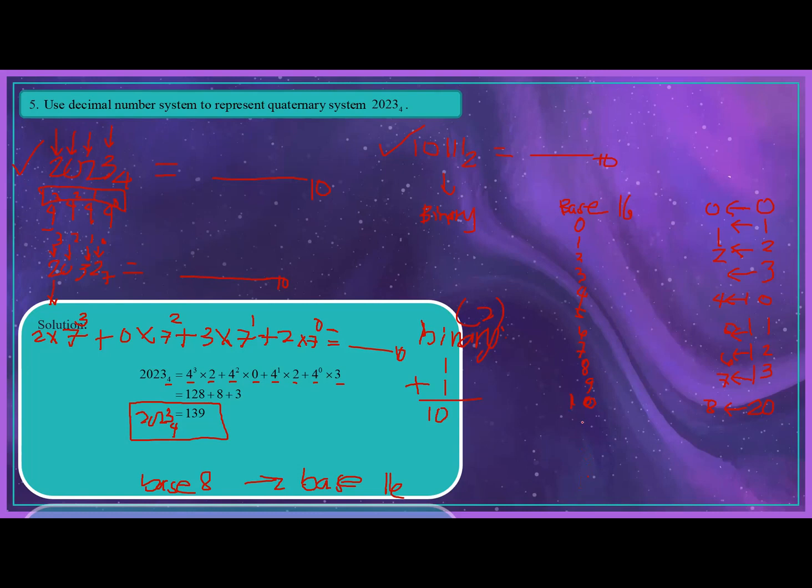Right, it's A. A, then B, then C, then D, then E. So basically, these are numbers in base 16. If base 16, you have a number like A, E, B. So this is a number in base 16, A, E, B.